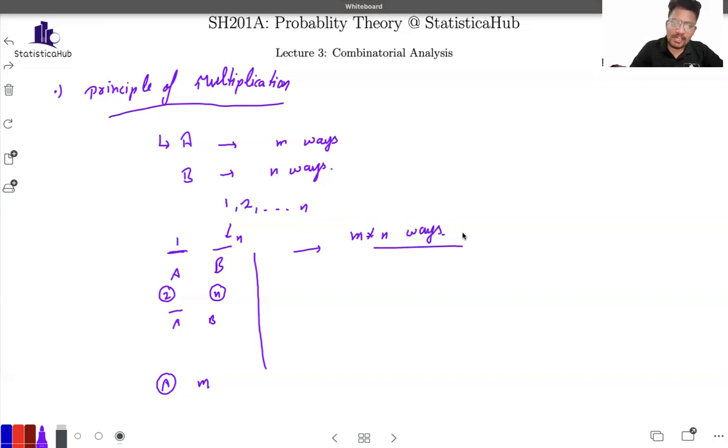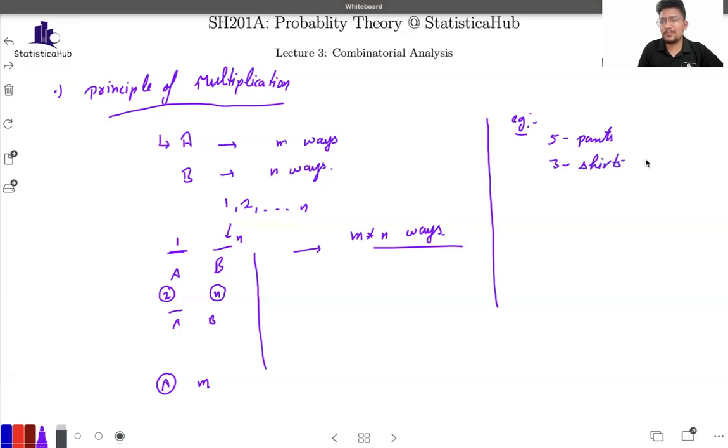Now think about one example. Let's say you are going to a party, and you have 5 shirts and 3 pants, maybe jeans. How many combinations can there be?